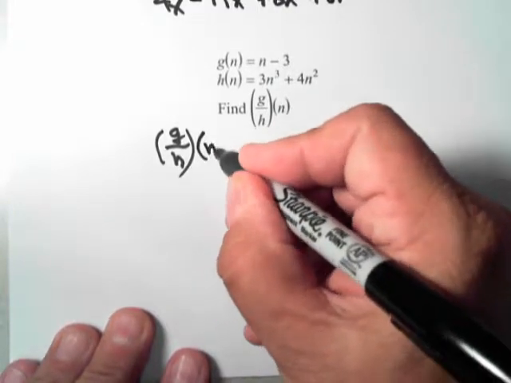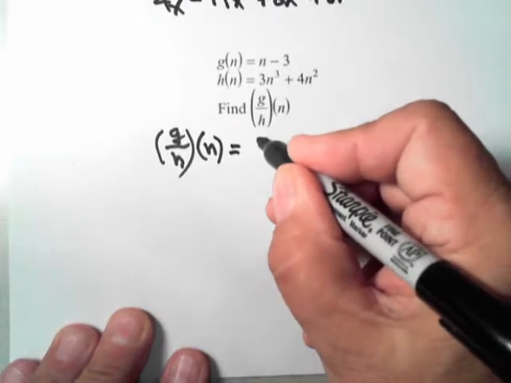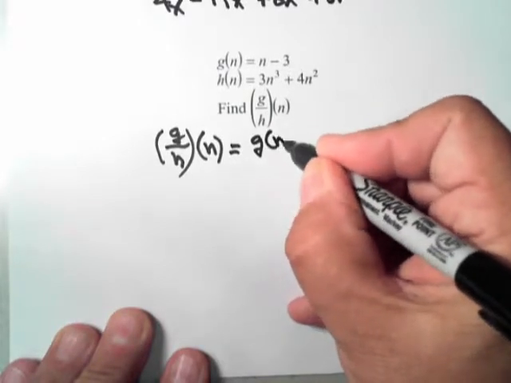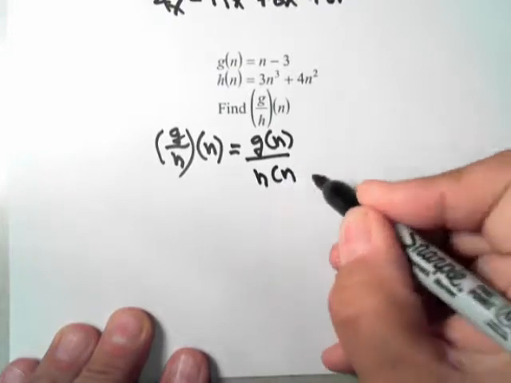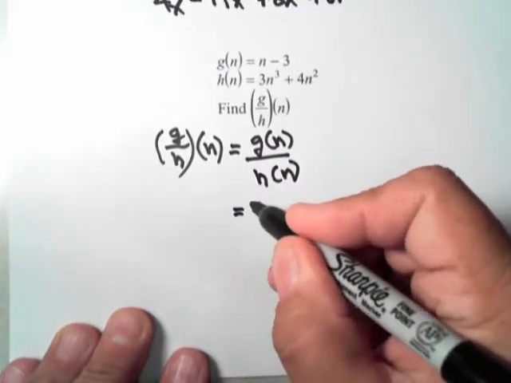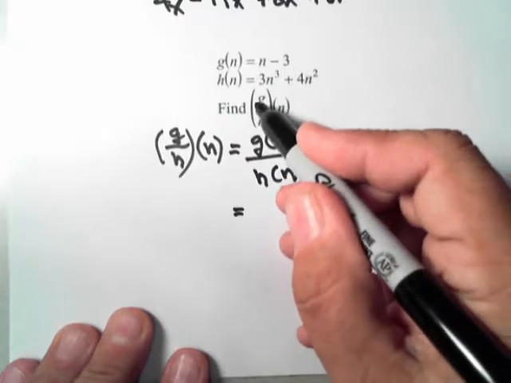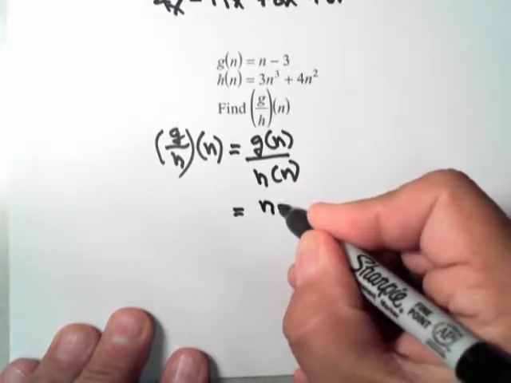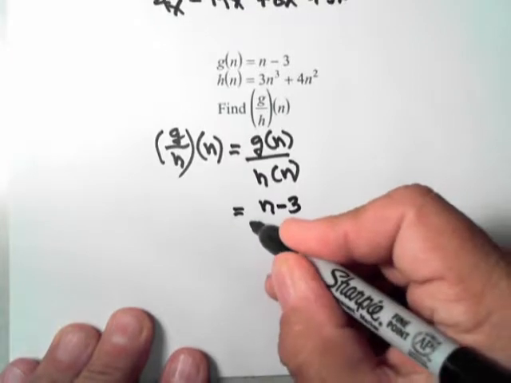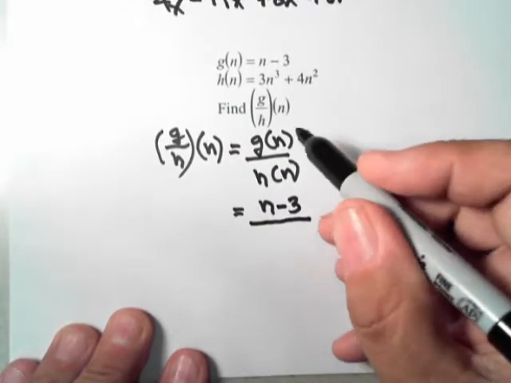Okay, g over h of n is equal to g of n over h of n. Okay. Well, what's g of n equal to? n minus 3. So that's the upstairs. What's the downstairs here?